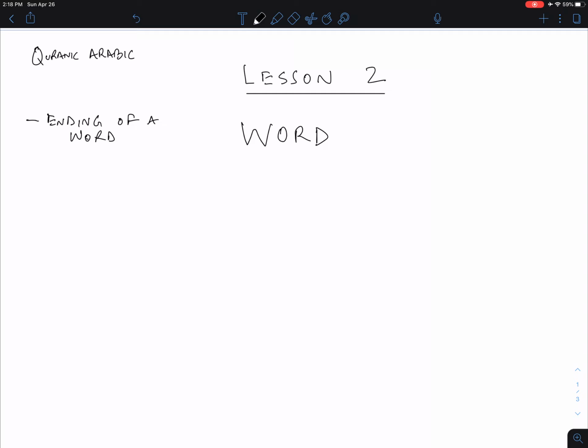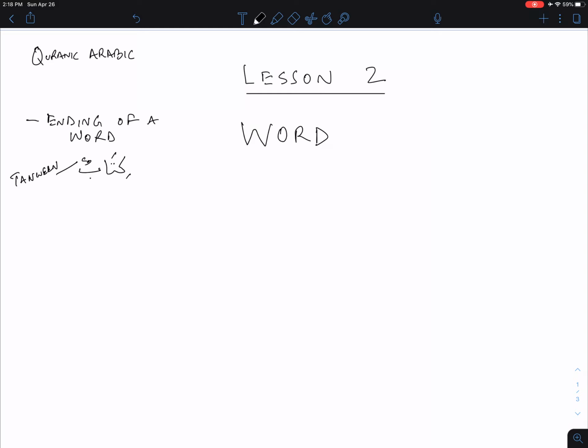And what do I mean by ending? Let's use an example that many Urdu speaking people are familiar with, a commonly used word: kitabun. Kitabun has this ending at the end, the tanween. This is called a tanween, so just correct that here.